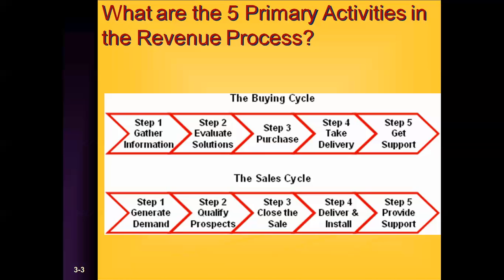Okay, the third primary activity of the revenue process is delivery of goods and services. What we mean by that is a company must ship goods or deliver services to the customer, right? You probably order things online. That's a major process.